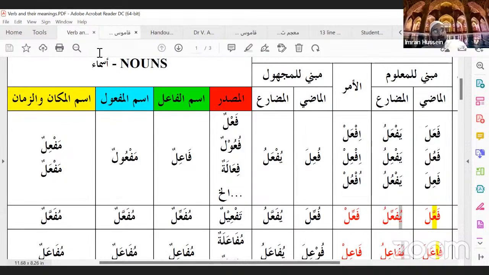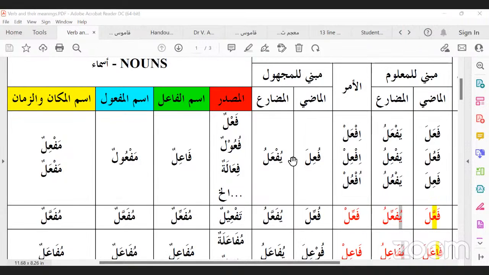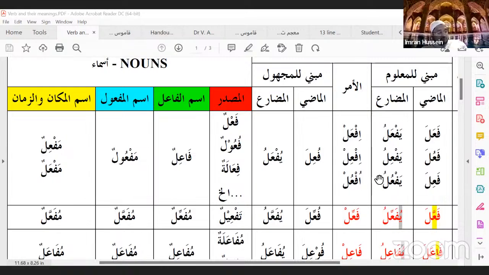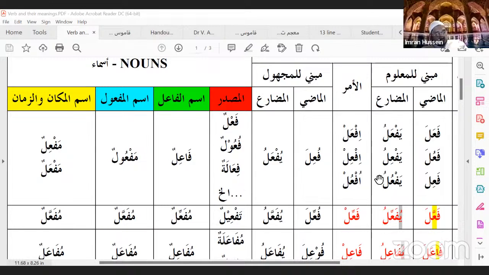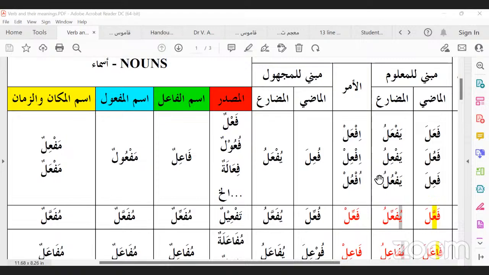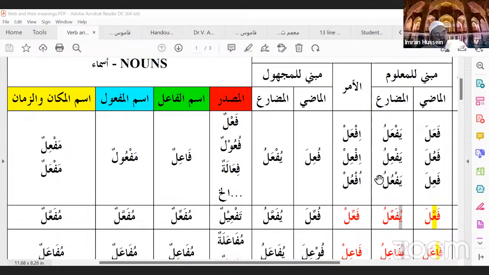Can you give an example of one that has a kasra? With fatha, I'll give you la'iba yal'abu. With kasra, jalasa yajlisu, majlisun, majlis.